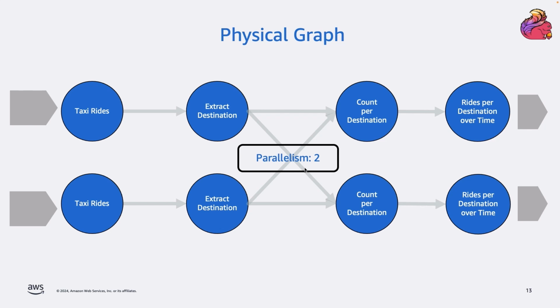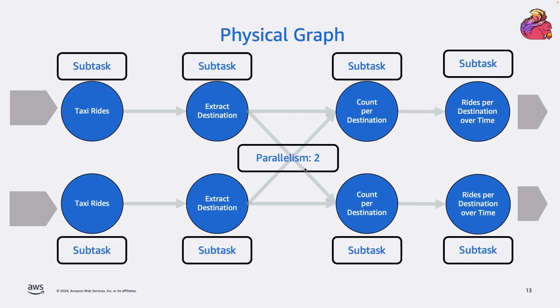This is what actually gets deployed onto the Apache Flink cluster. Based on the parallelism provided, multiple instances of each operator are deployed. These parallel operators are called subtasks. Each operator generates a number of subtasks equal to the parallelism.